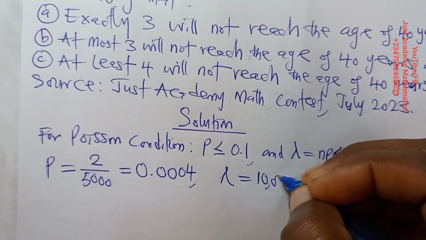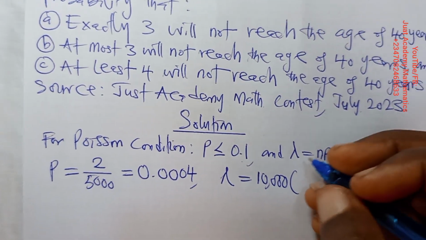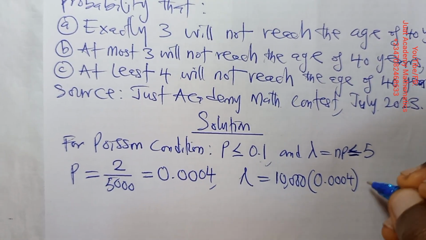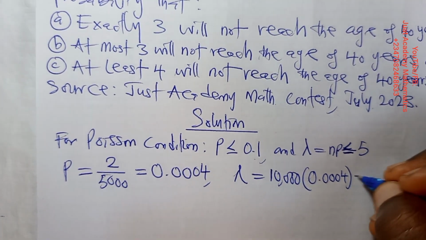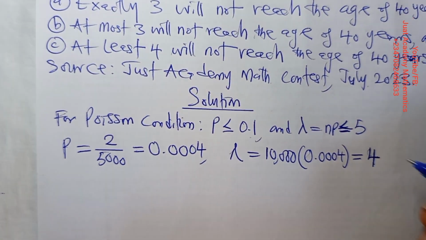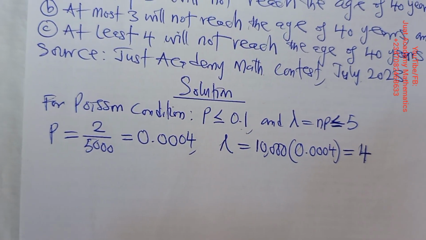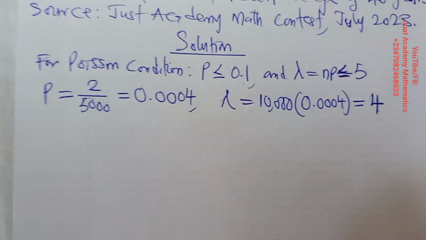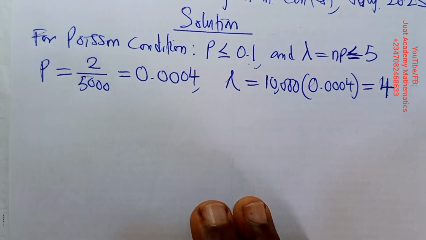So we have 10,000 multiplied by 0.0004. And when you multiply it, the expected mean is 4. 4 is less than 5, or is not more than 5. So Poisson distribution will work perfectly here. So all we now need to do is to answer the question.